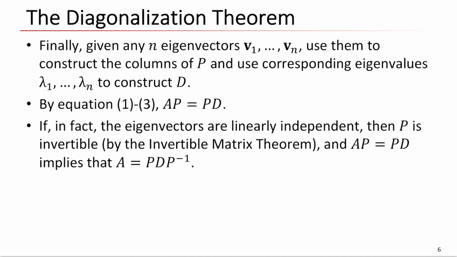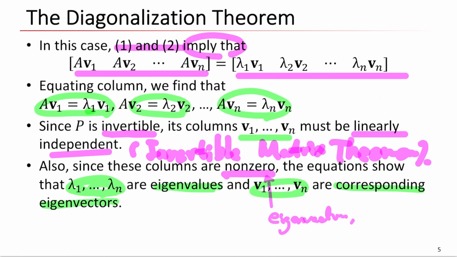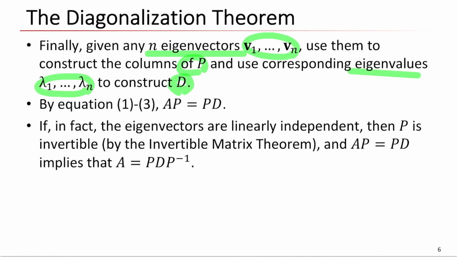And finally, given the n eigenvectors v1 through vn, use them to construct the columns of P, and use the corresponding eigenvalues, lambda 1 through lambda n, to construct D. By equations 1 through 3, let's say this is 3, we know AP is equal to PD, right?